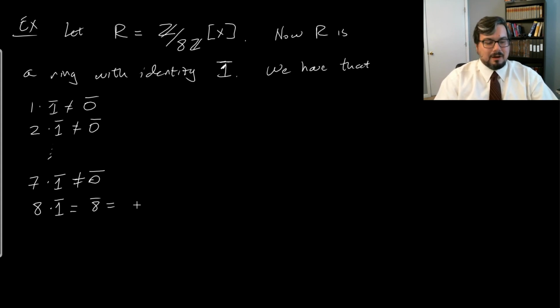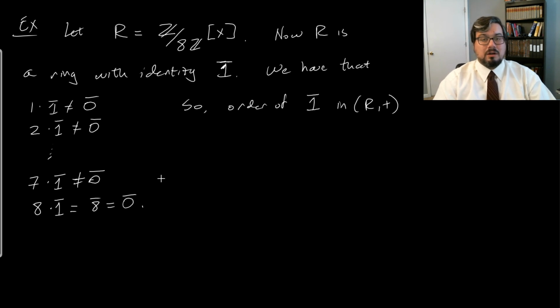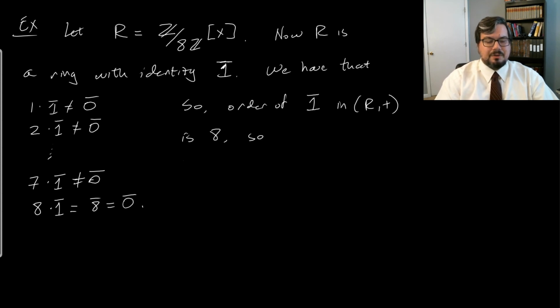That is 8 bar, which is equal to 0 bar. So that means that the order of 1 bar in the group R with addition is 8. So that means that the characteristic of R is 8.